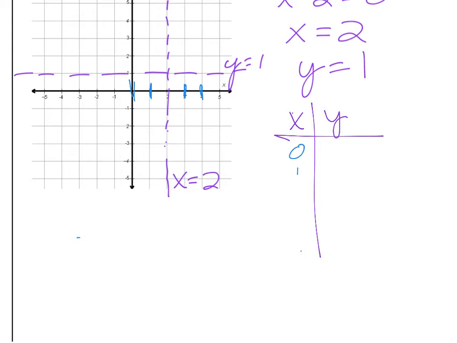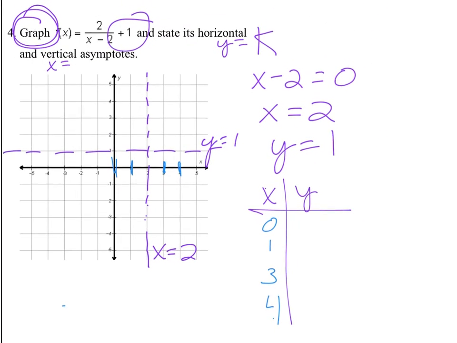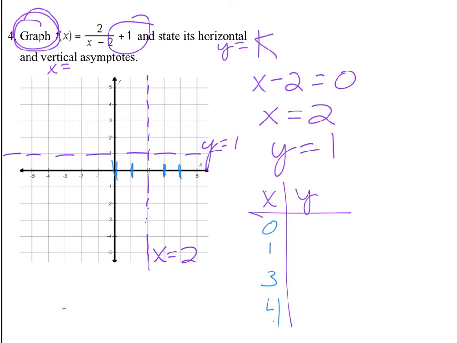Okay, so 0, 1, 3, and 4. So if x is 0, I have to go back up and look at the equation. If x is 0, I get 2 over negative 2 plus 1. Well, that's negative 1 plus 1, which is 0.